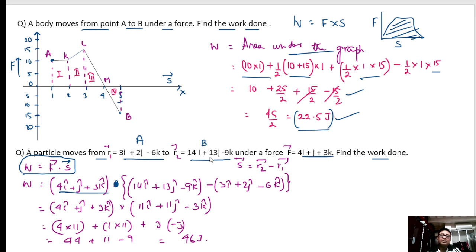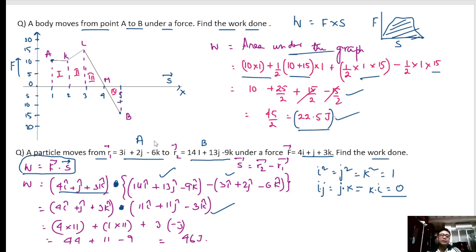So what is the displacement? This is B minus A, the displacement, and now we have to do the dot product of these two vectors. We know in dot product i square equals j square equals k square equals 1, and i dot j, j dot k and k dot i will all be 0.